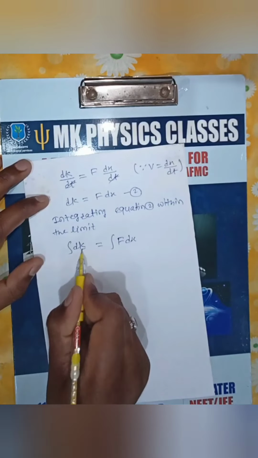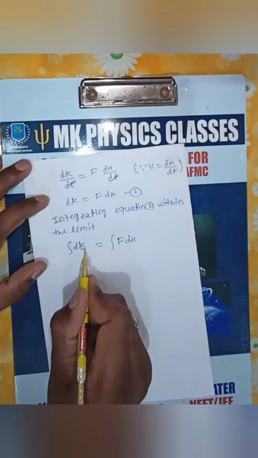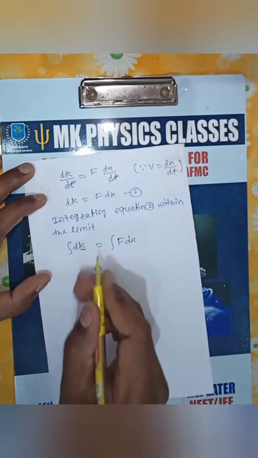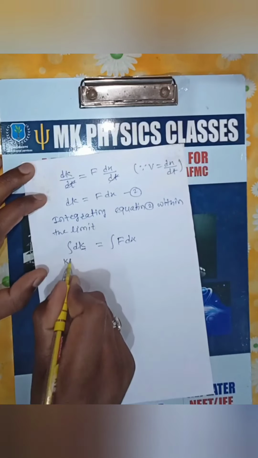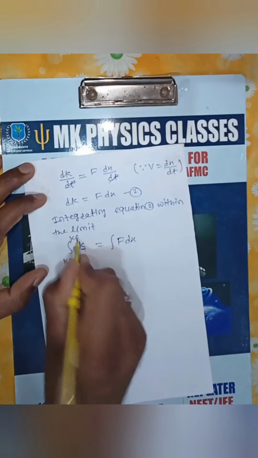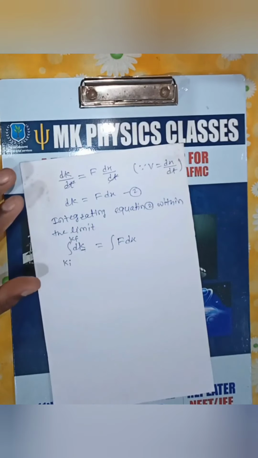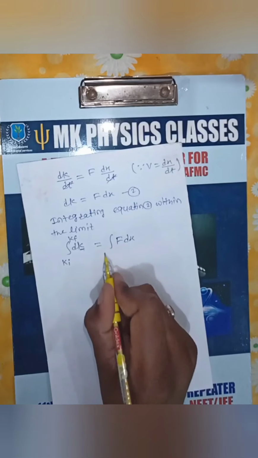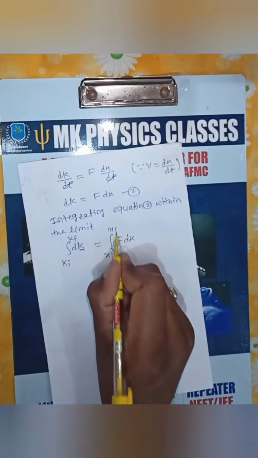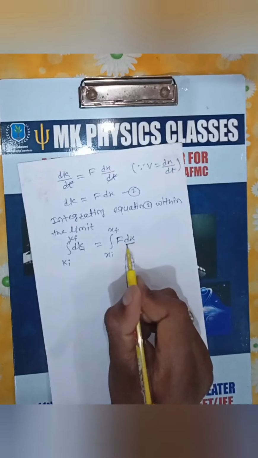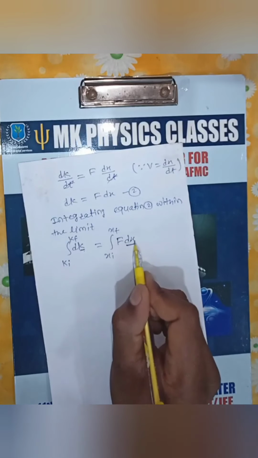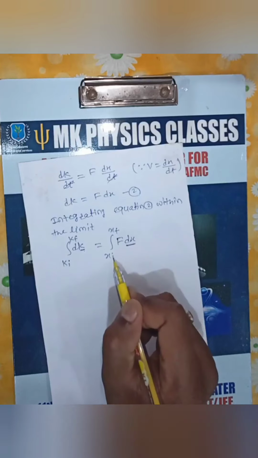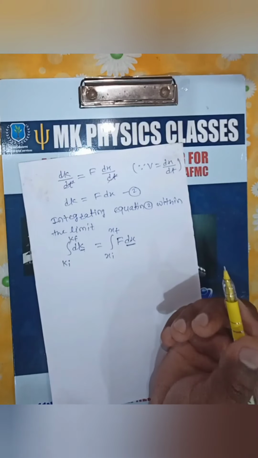What is K? K is the kinetic energy. The limits of kinetic energy are from the initial kinetic energy to the final kinetic energy. On the right side, the integration of F into dx has limits xi to xf, the initial displacement and the final displacement.